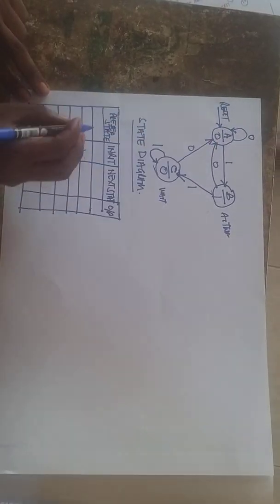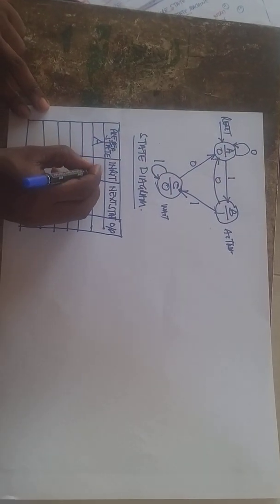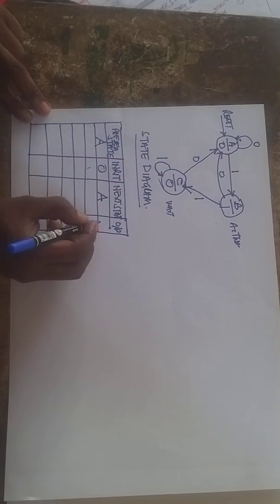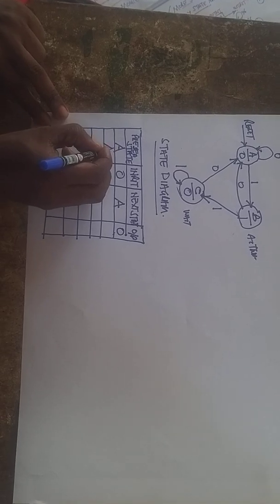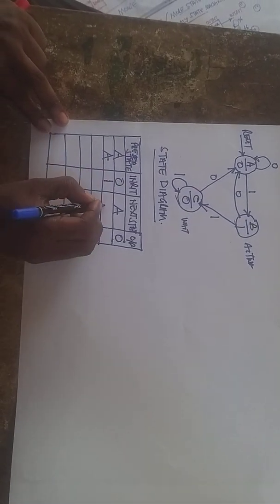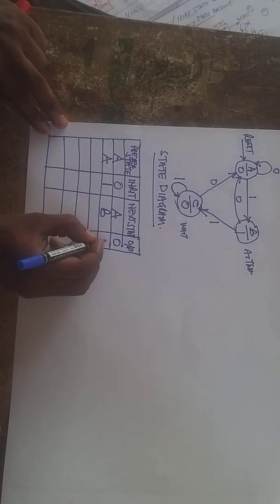At A, when the input is 0, it remains at A, and the output is 0. At A, when the input is 1, it goes to B, and the output is 0.